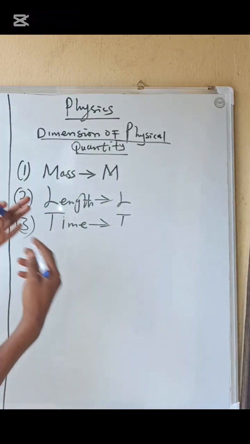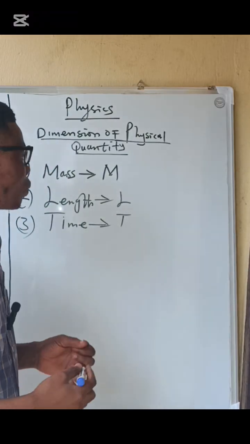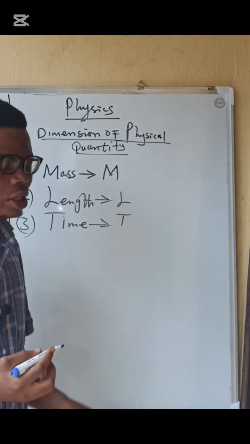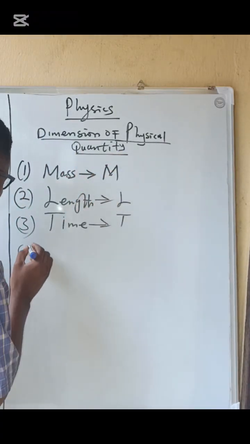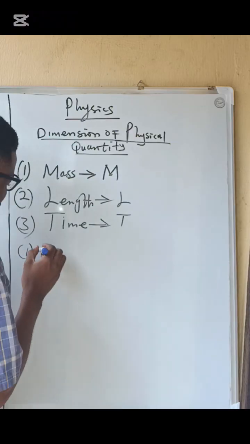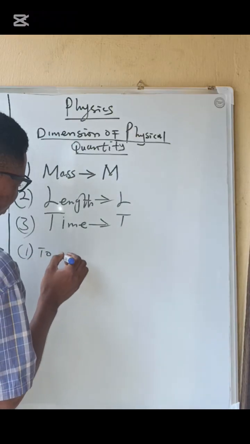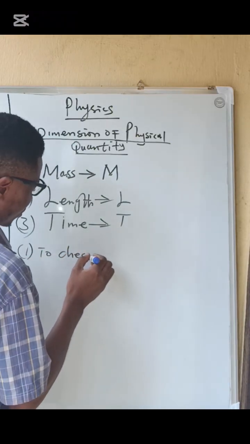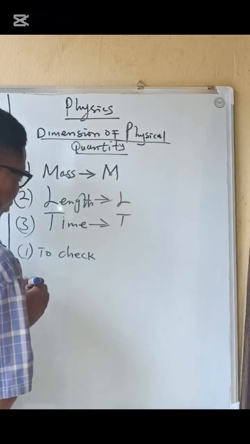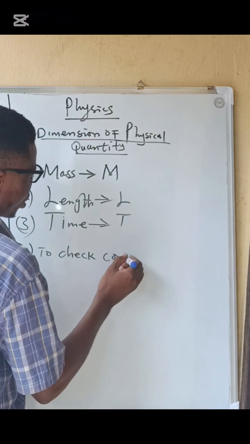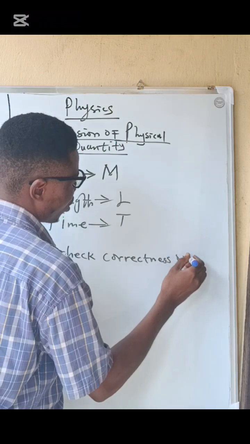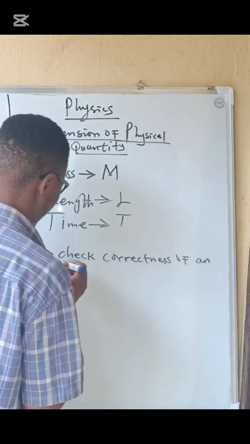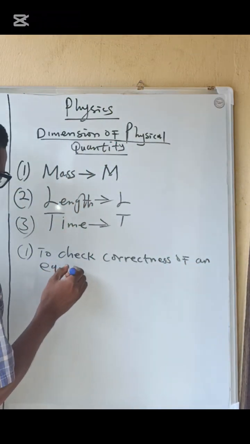So why do we study dimension of physical quantity? We use dimension of physical quantity to check, number one, the correctness of an equation.